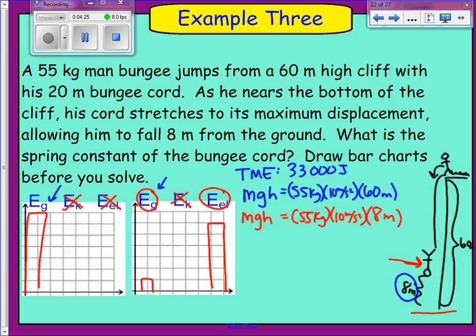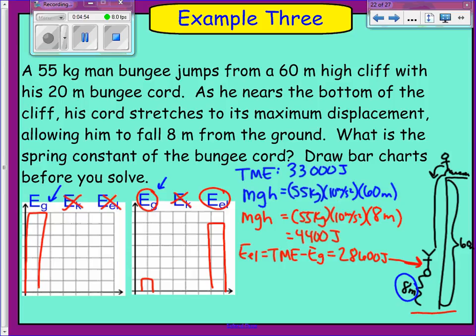When I multiply all three of those together, I get that the EG at this point is 4,400 joules. So that means the elastic must be the difference between the total mechanical energy and the gravitational potential energy. So I'm going to take 33,000, which is the total, minus the 4,400, which is the gravity, to get my elastic energy: 28,600 joules.